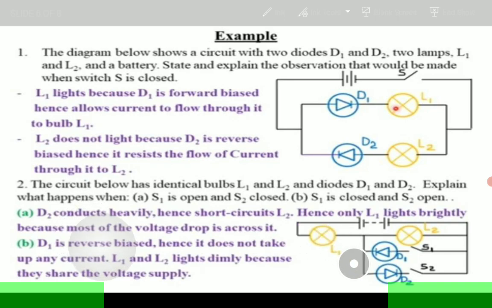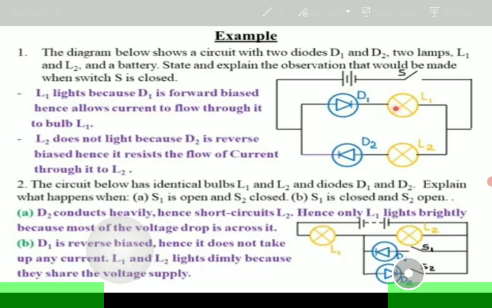So we are saying D2, take note, is going to conduct heavily, hence short circuiting lamp 2.